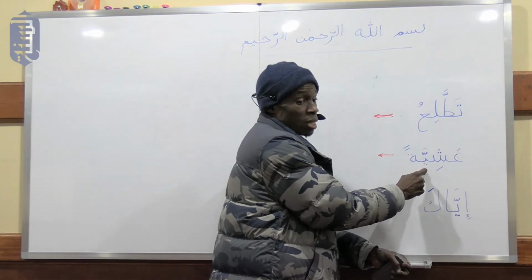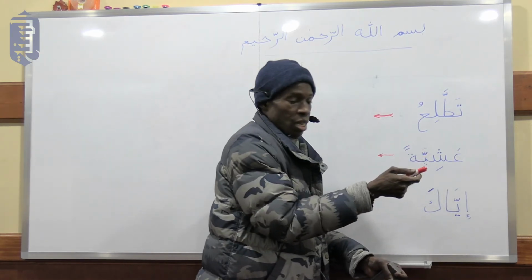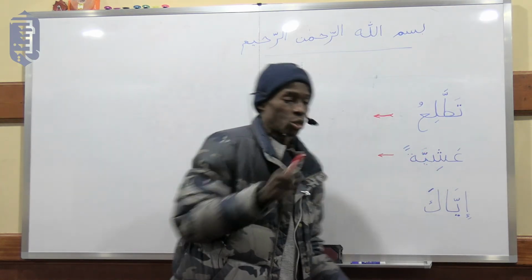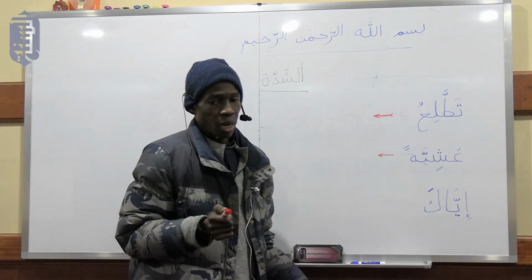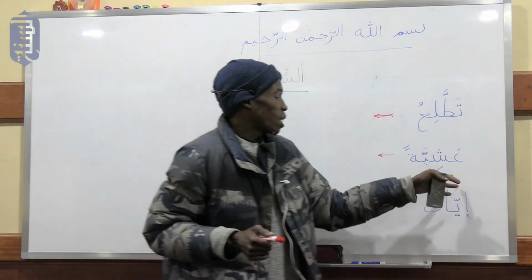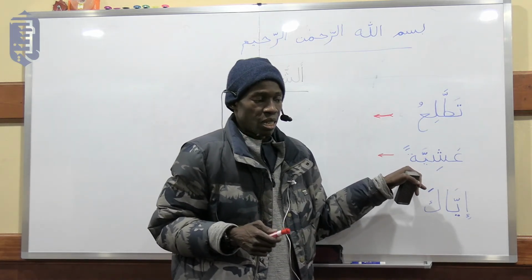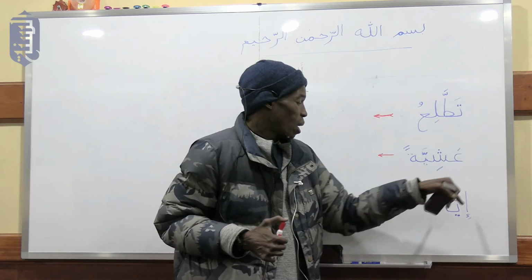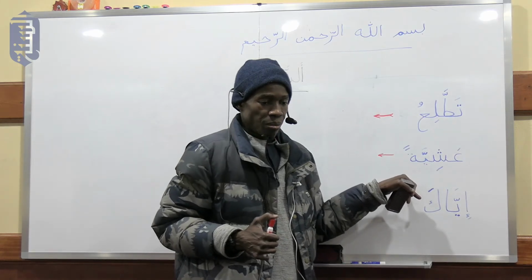And the first of the 2 yas, you will spell as a shadda. So you would say shin kasra ya shadda shi, even though it's a sukun. Clear, everyone? So this is ashiyatan.